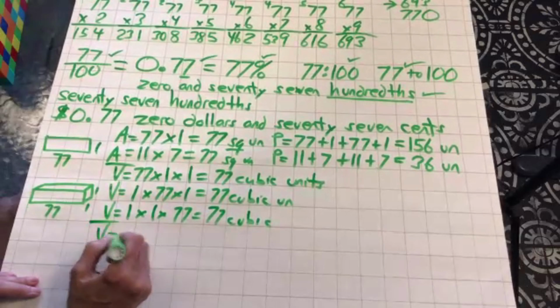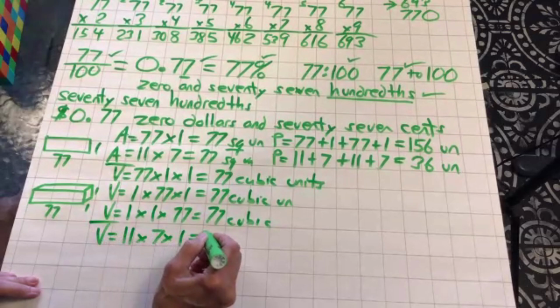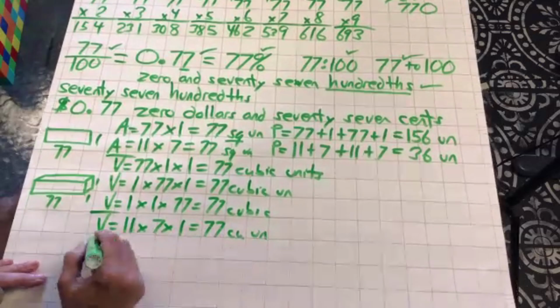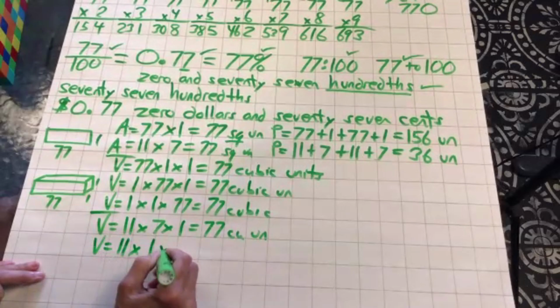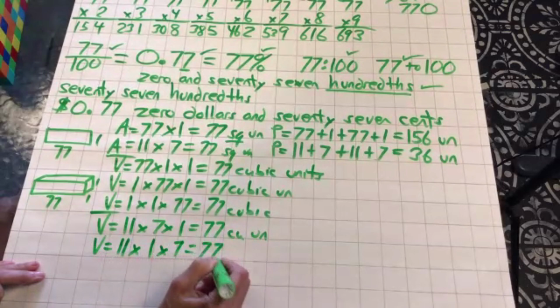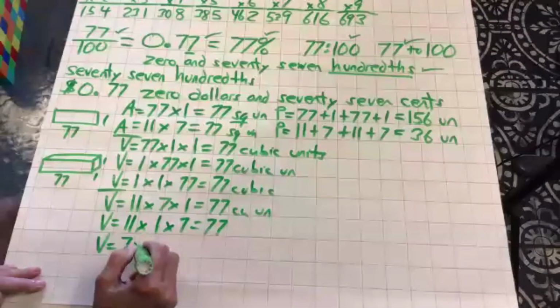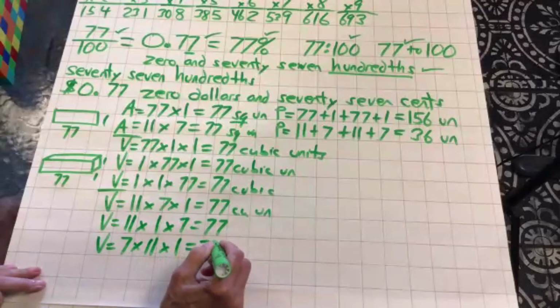The next one would be an 11 by 7 by 1. Or we could have an 11 wide by 1 deep by 7 tall. Or we could have a 7 wide by 11 deep by 1 tall.